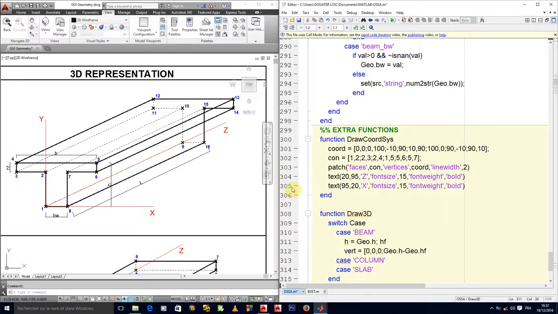I will say b is equal to joe.b, and bw is equal to joe.bw.